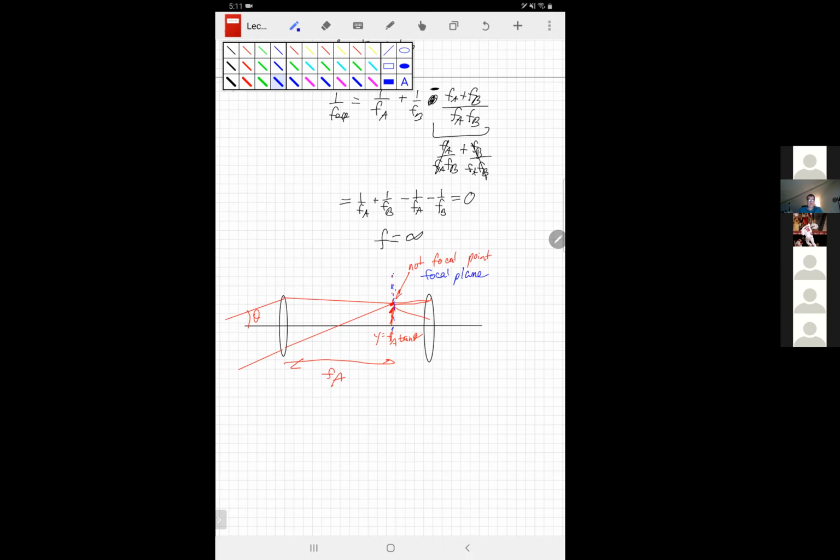If rays going parallel to each other will go to a point in the focal plane, at an off-axis distance f tan theta, then the reverse must also happen. Rays that start off at a point in the focal plane must all go parallel to each other on the other side.